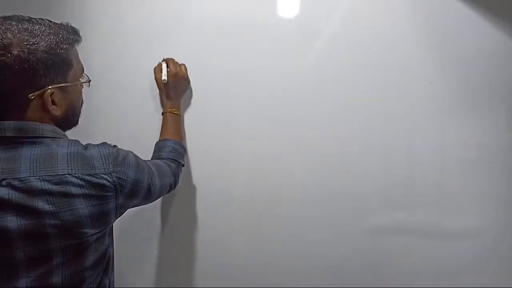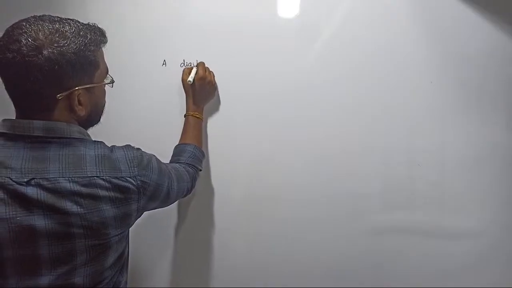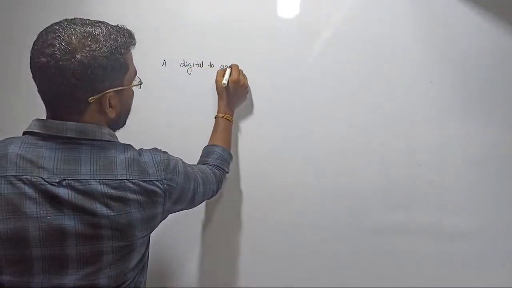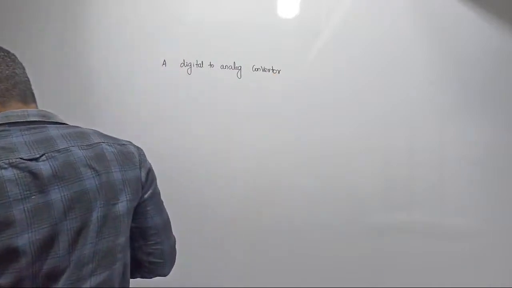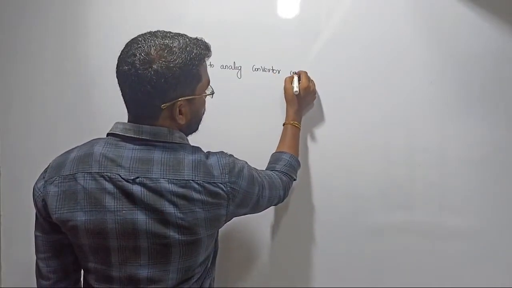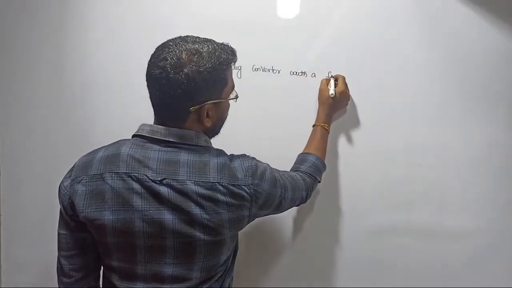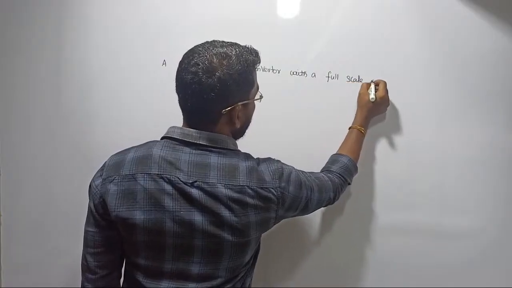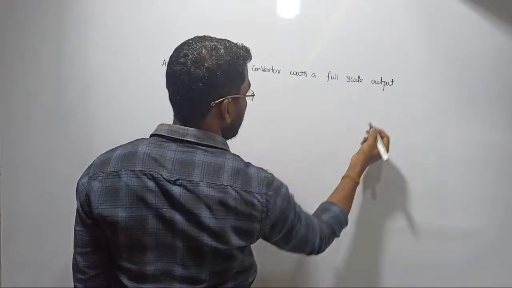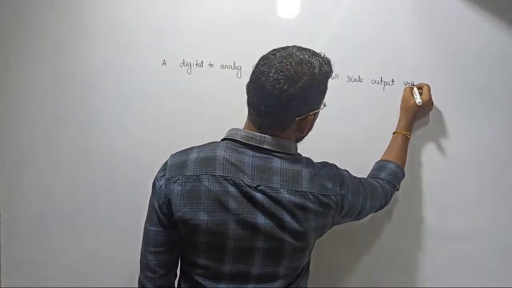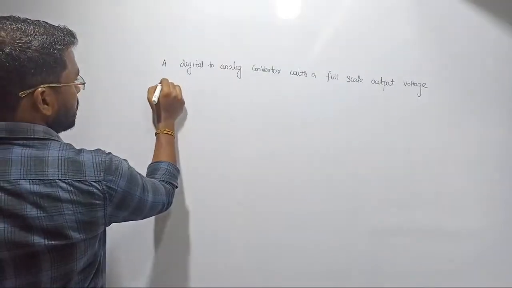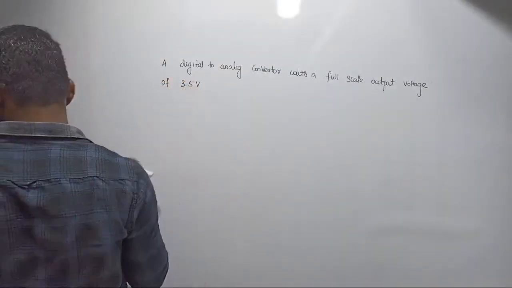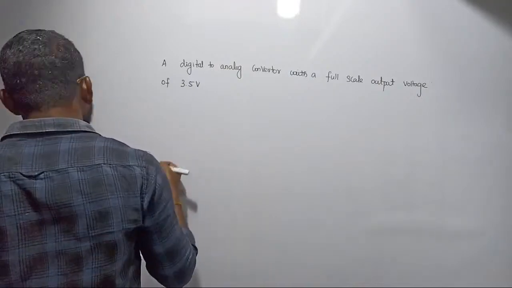A digital to analog converter with a full scale output voltage of 3.5 volts has a resolution close to 14 millivolts.